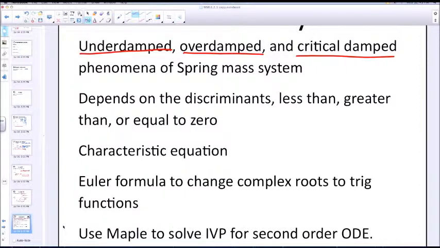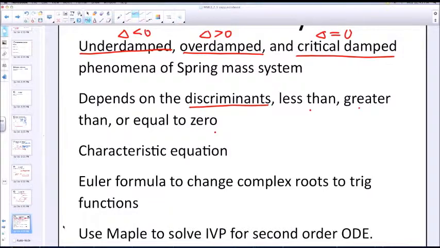So there are three phenomena. It really depends in the mathematics on the three cases of the quadratic equation, when the discriminant is negative, positive, or 0. So that's the match: negative, positive, and 0.